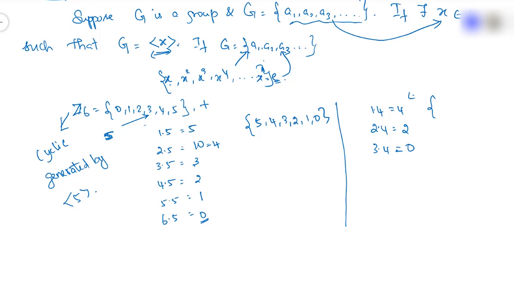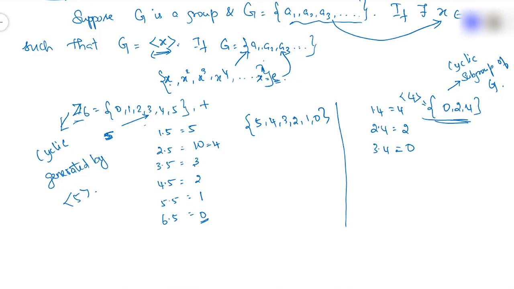So this particular 4 generates 0, 2, 4. This is not equal to G, therefore this does not generate the group. But this set 0, 2, 4 is called a cyclic subgroup. Though it is not the whole cyclic group, we can call it a cyclic subgroup of G.